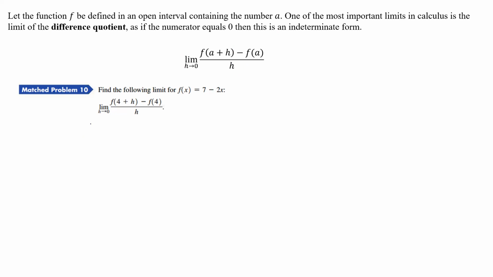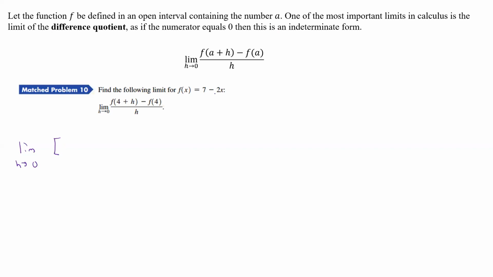Well, find the following limit for f of x is equal to 7 minus 2x. And we're going to use f of 4 plus h minus f of 4, all over h. And so what we're going to do is we have to plug all that into here. So we're going to say, oh, well, that's the limit as h approaches 0 of, and now we have all this stuff we have to do.